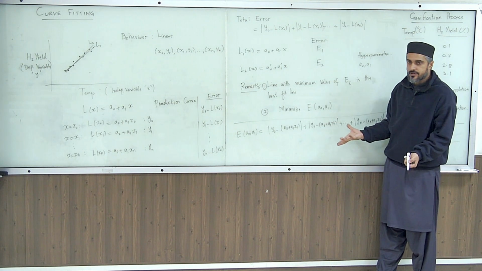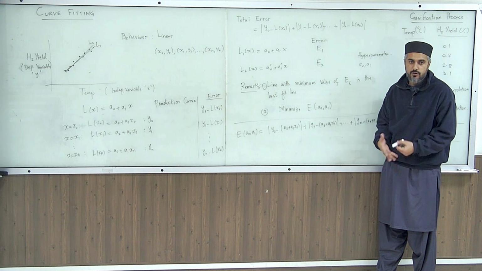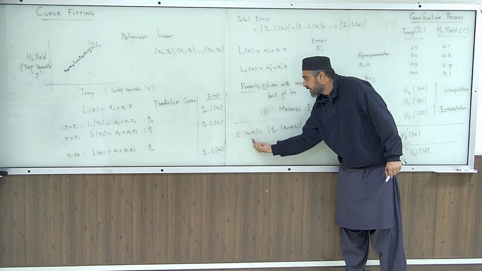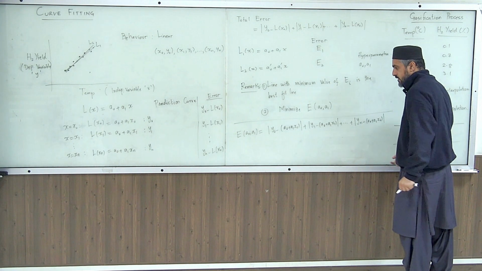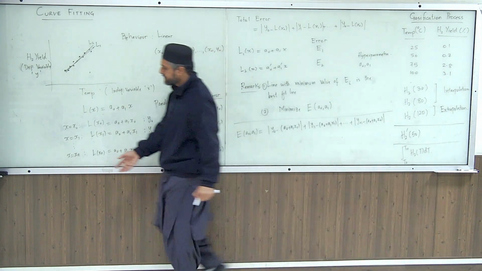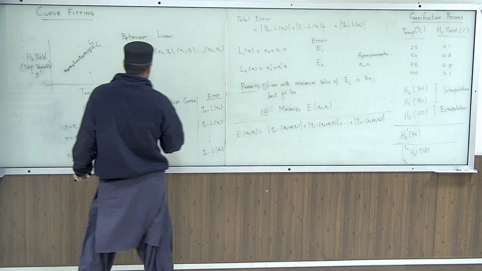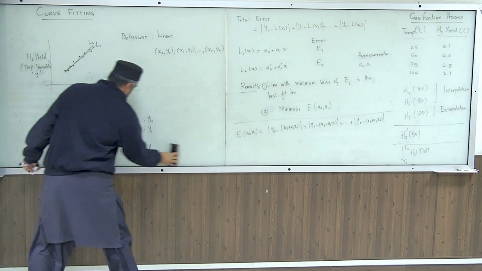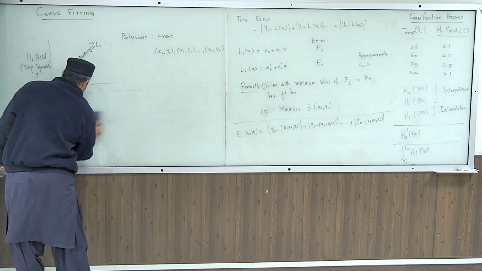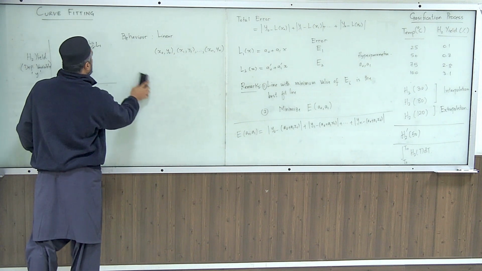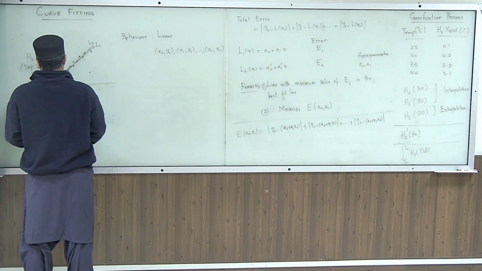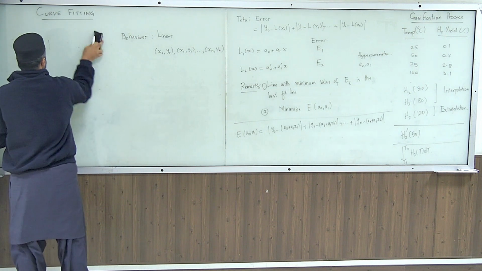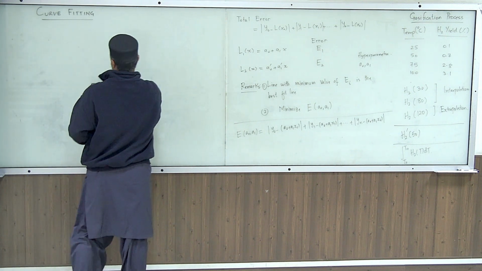Now this is actually a problem of a two variable function: how to find the minimum value of a two variable function. We have to find the minimum value of the error. Okay, we'll come back to this. I'll replot it.